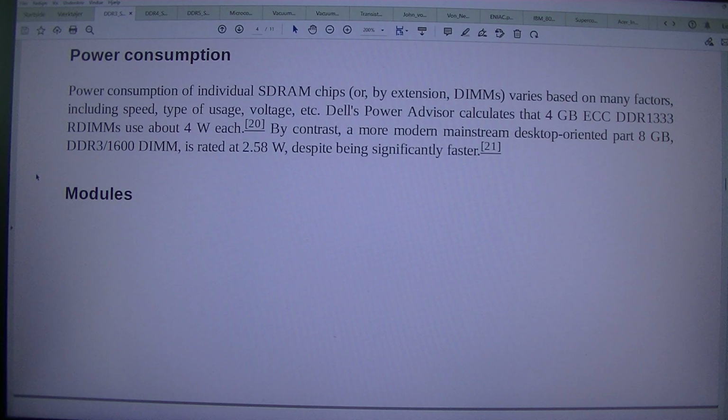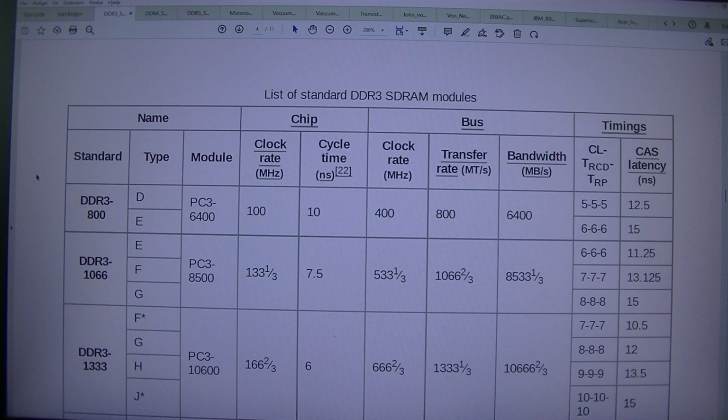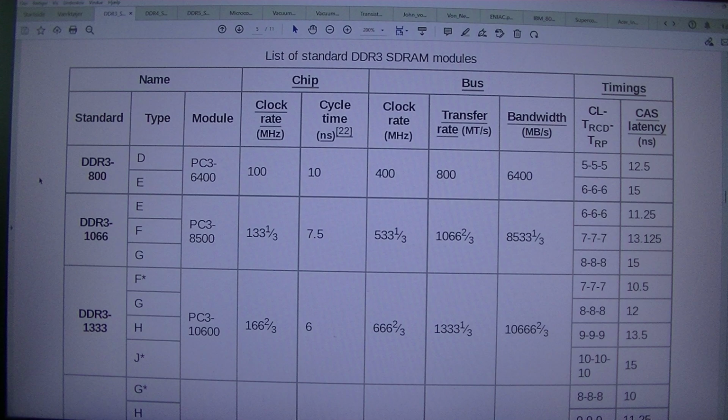Modules. List of standard DDR3 SDRAM modules.